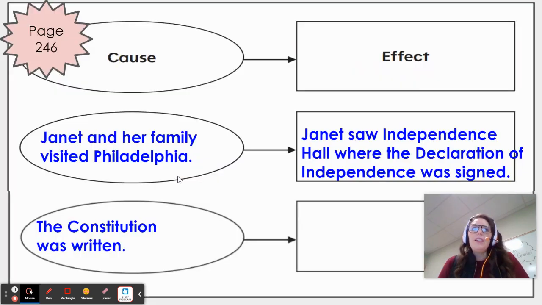I will fill in the cause that the Constitution was written, but it is going to be up to you, second graders, to figure out an effect. What is an effect of the Constitution? What do the people of the United States have now because of the Constitution?